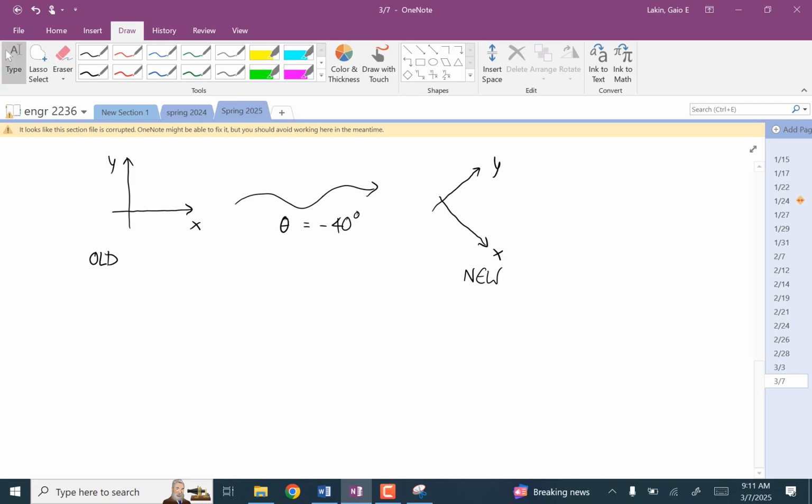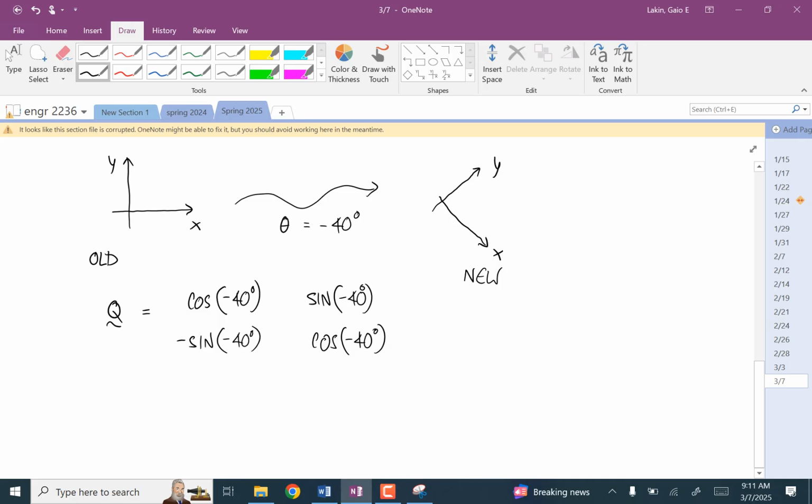Okay, so this rotation matrix is cosine of negative 40, sine of negative 40, negative sine of negative 40, cosine of negative 40. The short answer on this question, by the way, is don't worry about this rotation matrix stuff, but I'm going to show it to you.